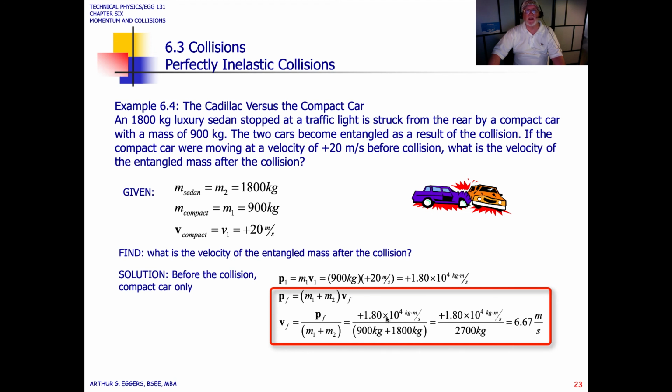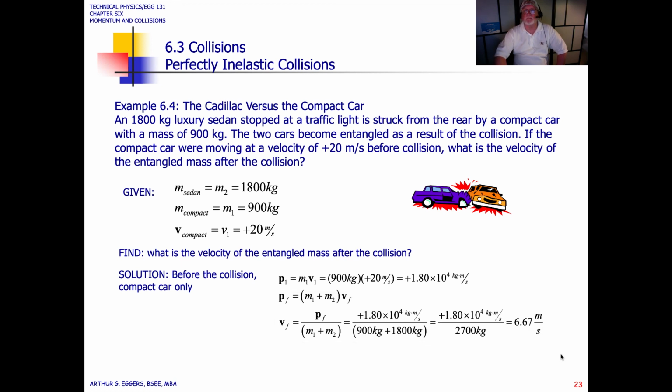So 1.8 times 10 to the 4th kilogram meters per second divided by the sum of the masses, 2,700 kilograms of the two vehicles stuck together. And we get a final velocity that the two vehicles move together in unison, stuck together, of 6.67 meters per second.